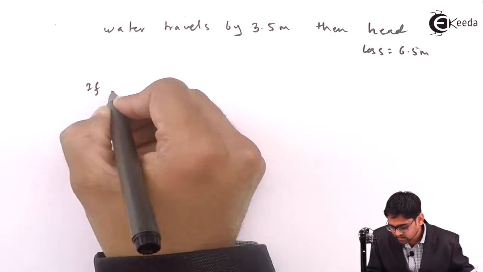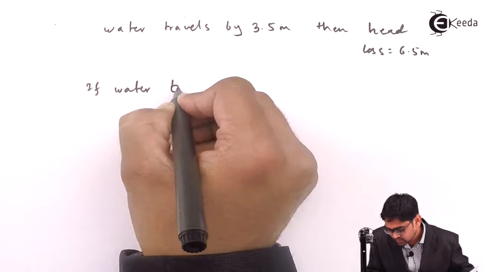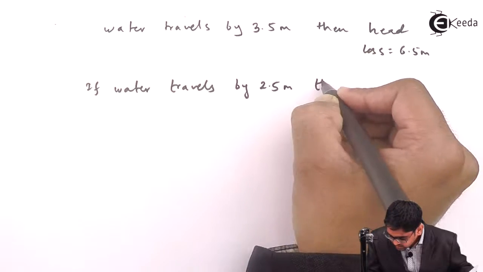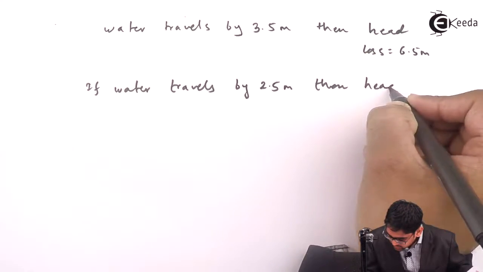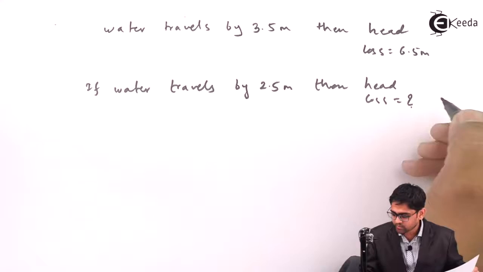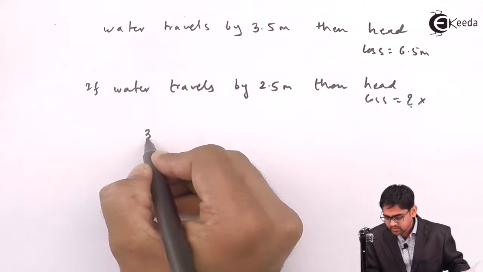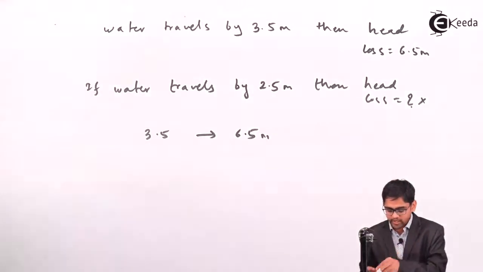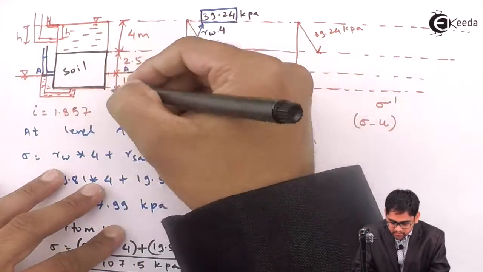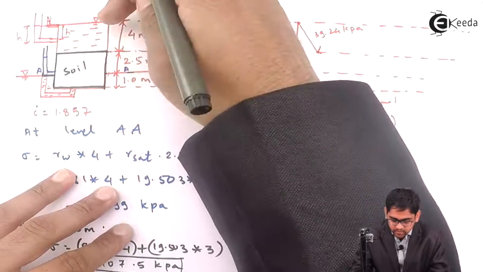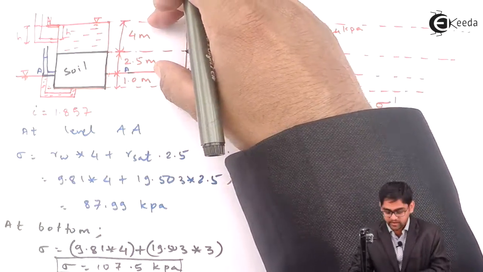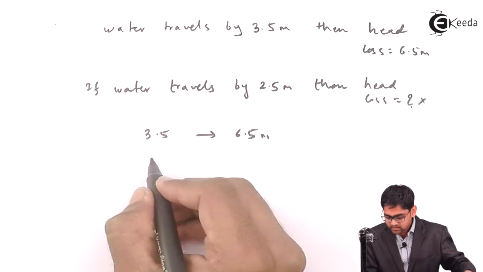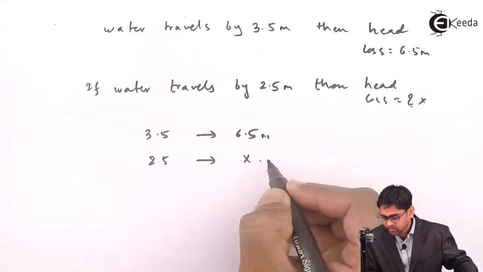So if the water travels by 2.5 meter, then how much will the head loss be? I consider it as x. If it travels by 3.5 meter, head loss will be 6.5 meter, from this end to this end. But if the water travels from this to this, that is 2.5 meter, then what will be the head loss?